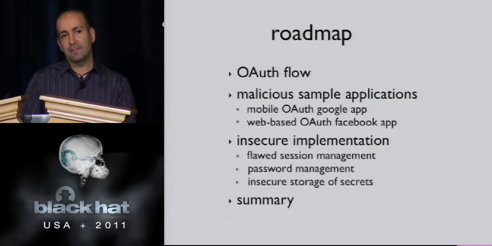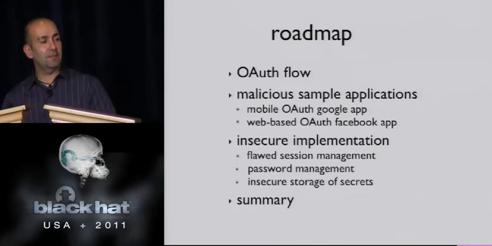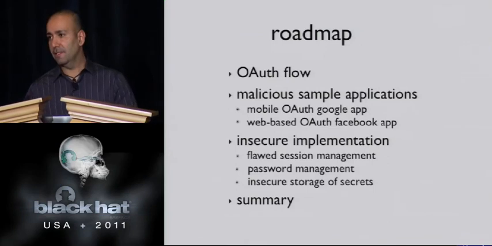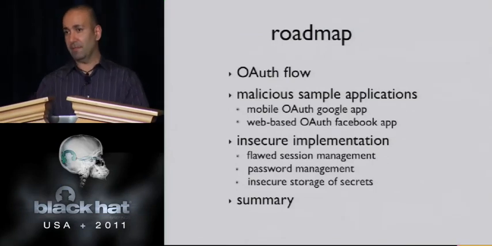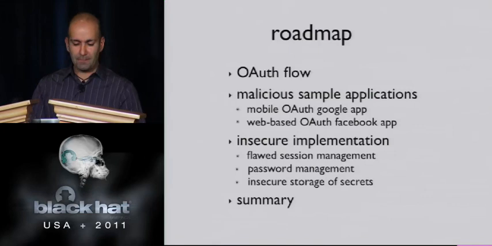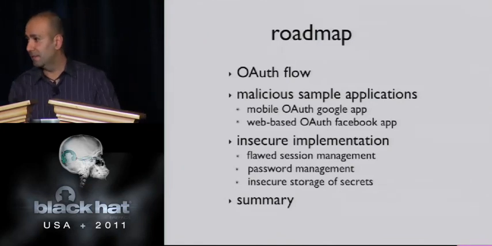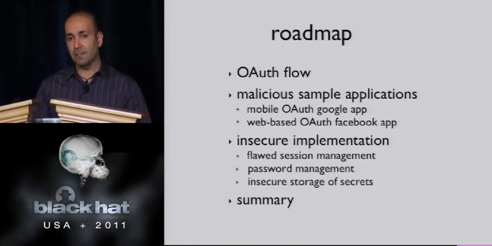The goal here is that as security professionals and OAuth developers and implementers, we learn a few things that hopefully we can take back to our organizations and apply accordingly. Then we wrap it up with a quick summary. After that, I can answer any questions that you might have, and I can also stay off podium and take questions. We have a lot of slides to go over, but I think they're pretty lightweight.